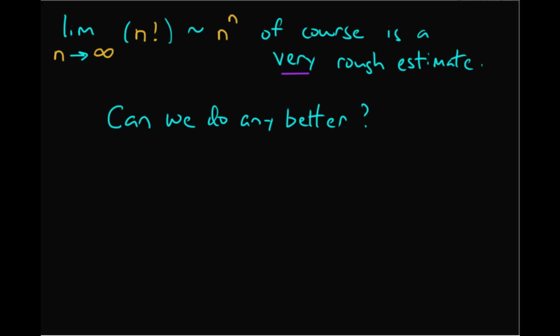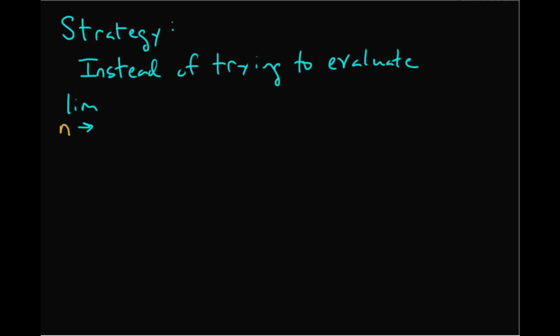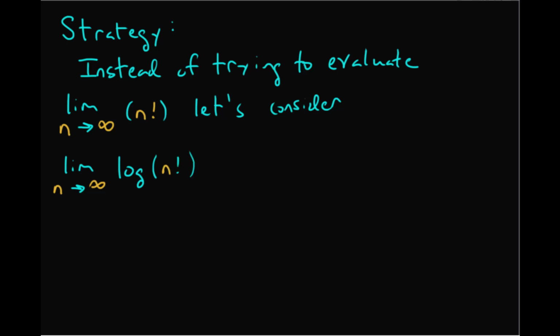Well, it turns out that Stirling's formula actually provides an excellent estimate for n factorial, and as I've already mentioned, it is asymptotically equal to n factorial as n approaches infinity. So let's see how we get there. Here's our strategy. Instead of trying to evaluate the limit as n approaches infinity of the expression n factorial, let's consider instead the limit as n approaches infinity of the logarithm of n factorial.